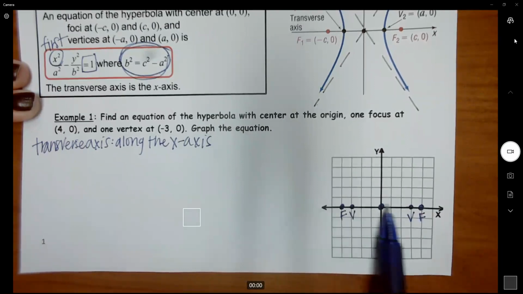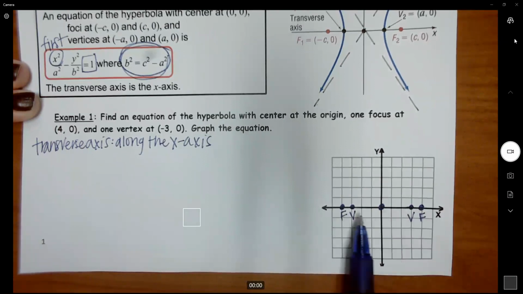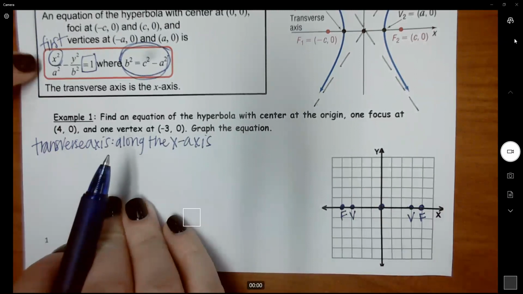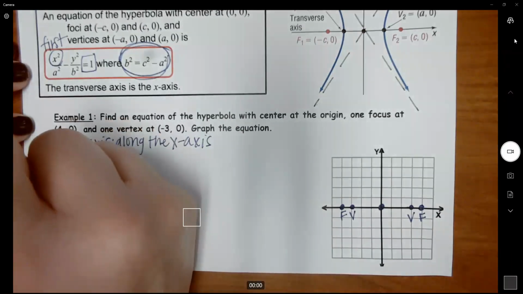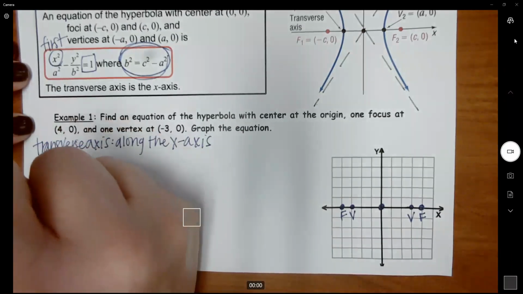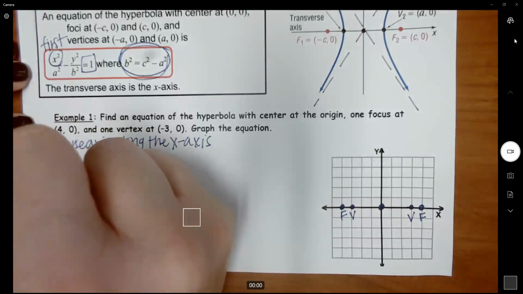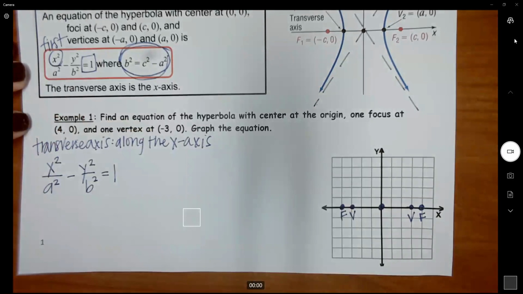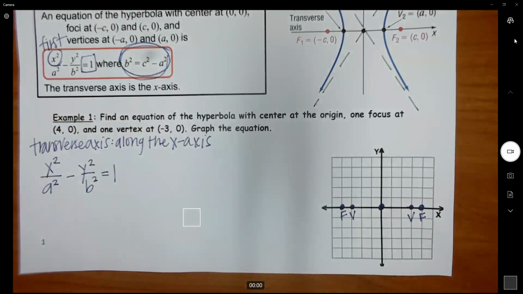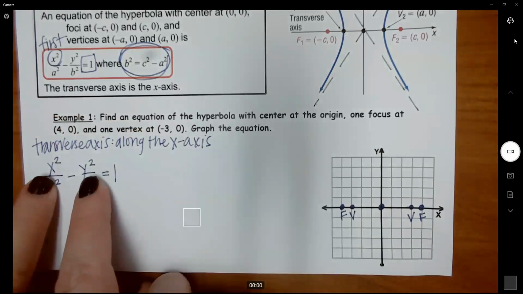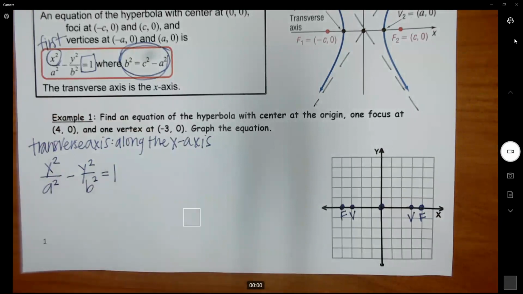The transverse axis goes through these 5 points, the 2 foci, the 2 vertices, and the center. So that tells me I'm using this equation here. I know that my center is at 0, 0, so that x squared, y squared is perfect.